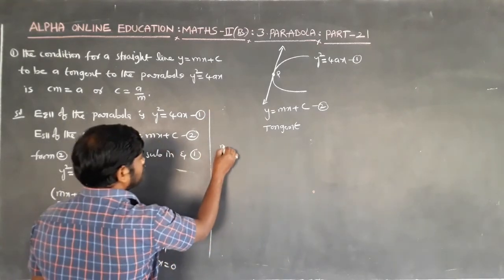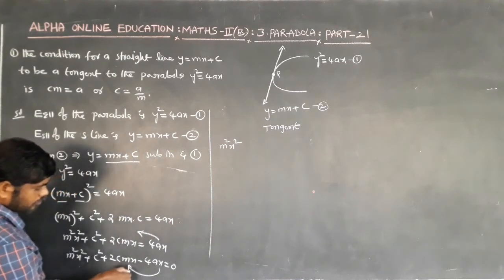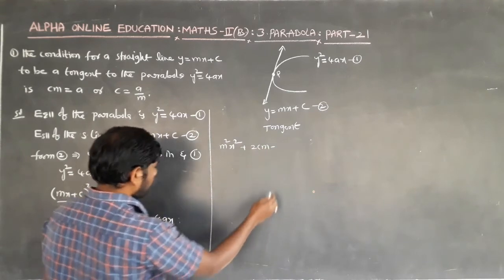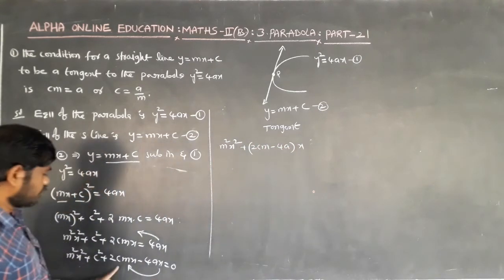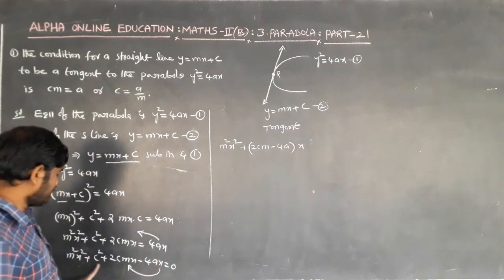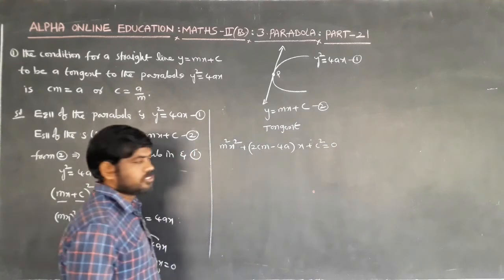Again, write down m²x² common, so (2cm − 4a)x + c² = 0.